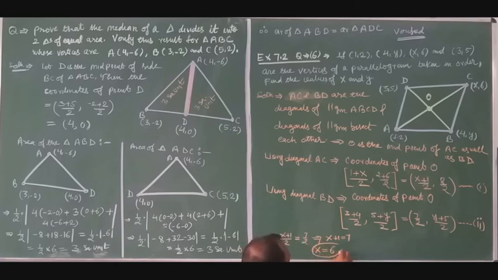The value of x is equal to 6. And now, 8 upon 2 is equal to (y plus 5) upon 2. That is, 8 is equal to y plus 5. So y will be equal to 3.